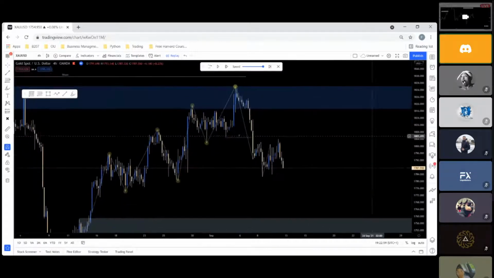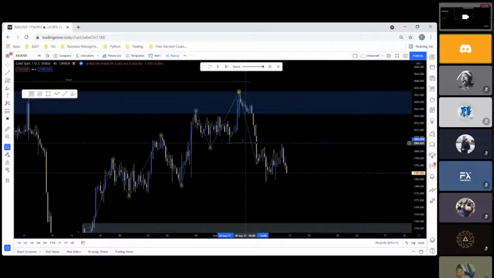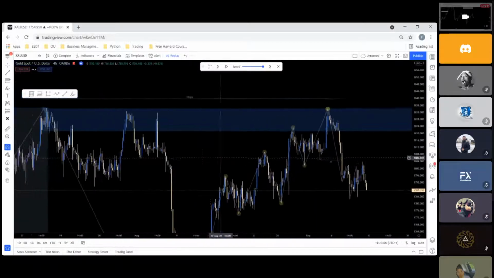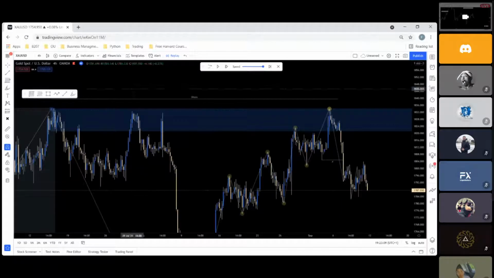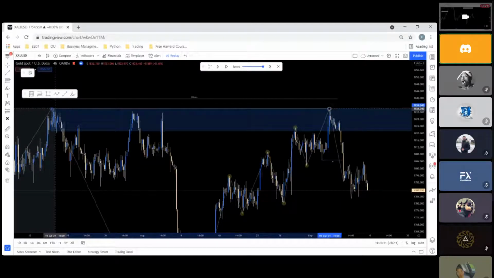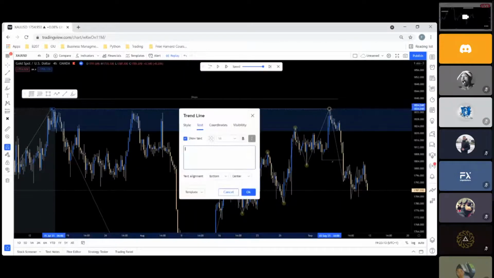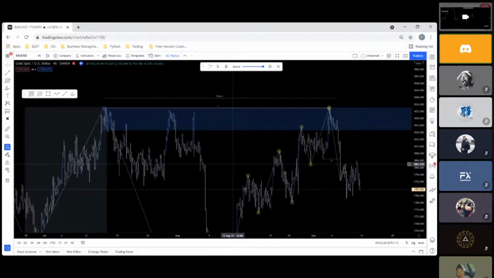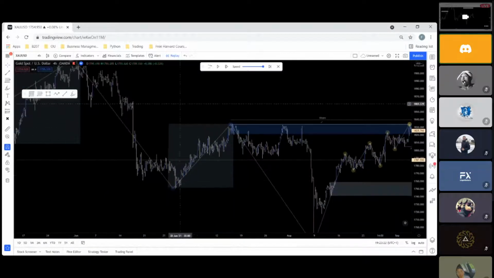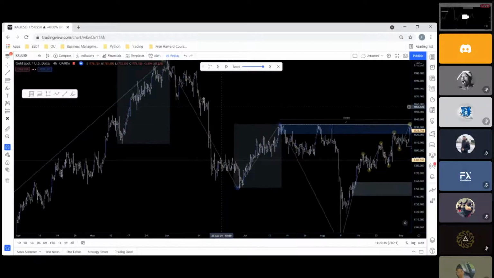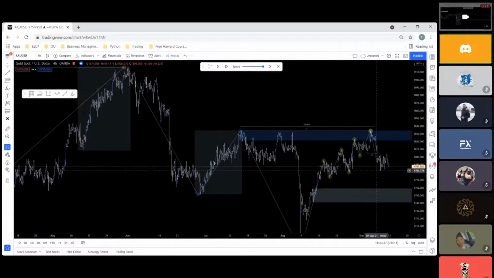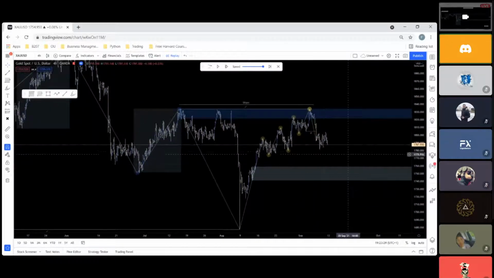So I'll be looking at this break. That's our change of character here. And for now, we've held this, and even if you look at the order blocks, the order flow, it's quite clear it's going down, and having the bearish bias is not the wrong thing to do.